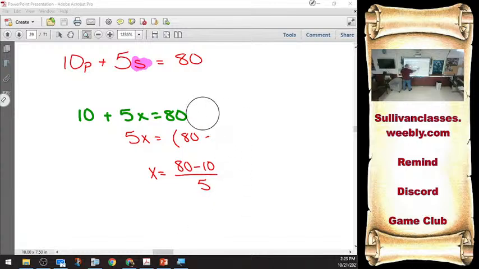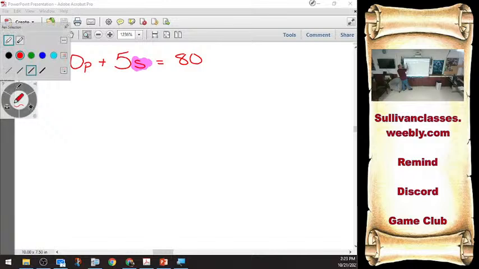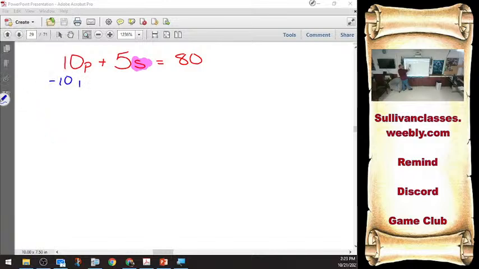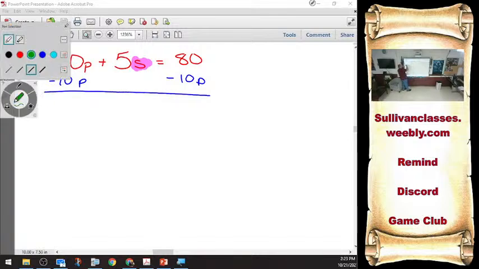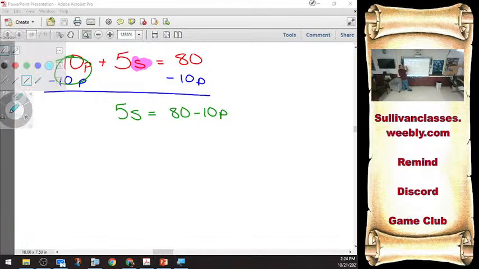For example, the one we just did, what if I subtracted 10p? Are 80 and 10p like terms? No. So I'm just going to leave it ugly and say 80 minus 10p. Now what do I do to get s by itself? Oh, not minus 5.